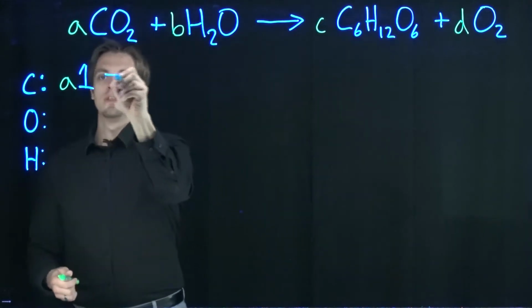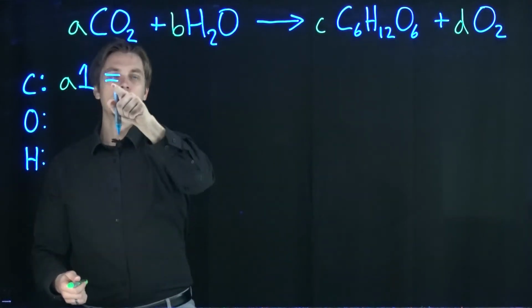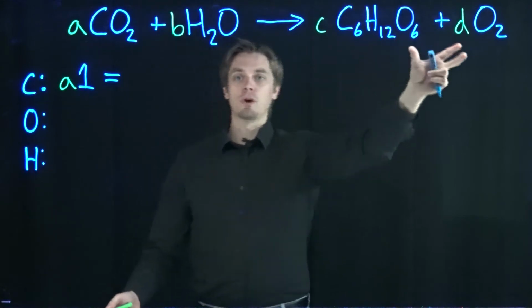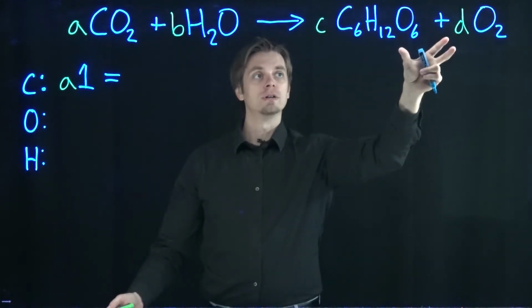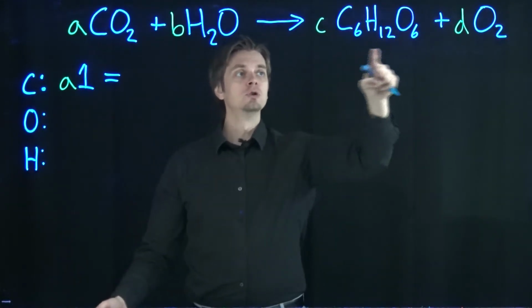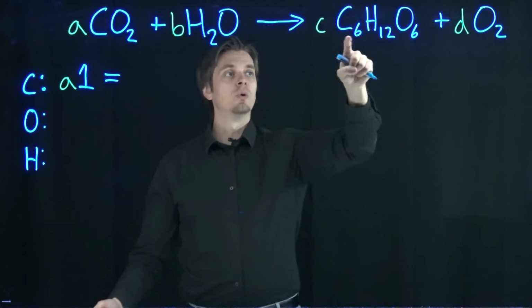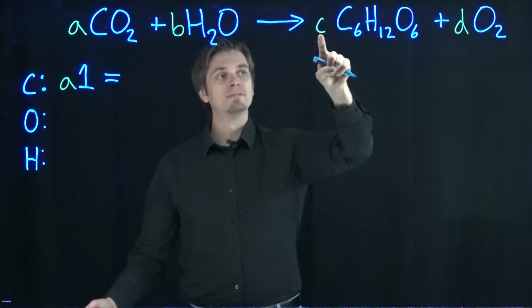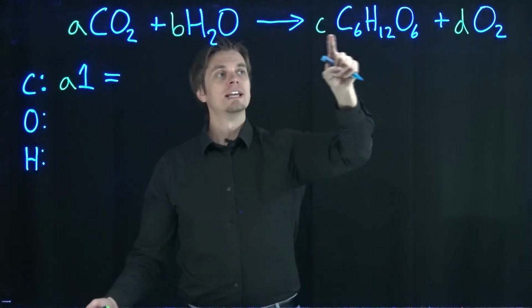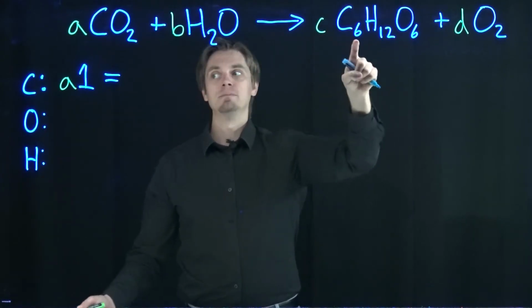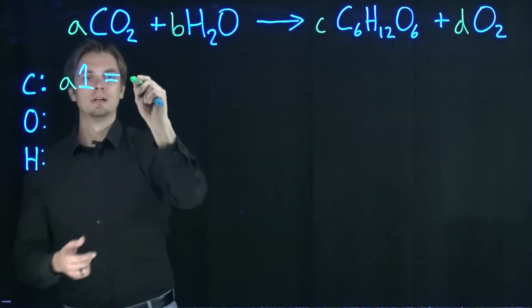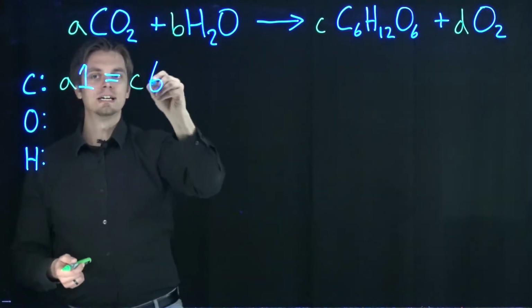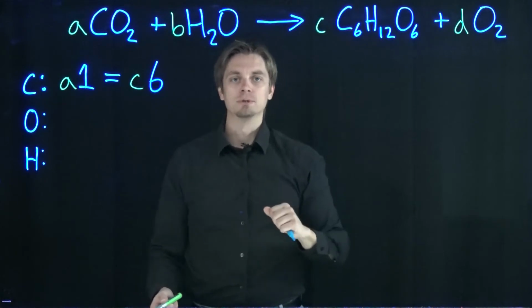So we know that A times 1 must be equal to the number of carbon atoms on the right-hand side of the equation. On the right-hand side, we have this glucose molecule, right? So each glucose molecule has 6 carbon atoms. So if I have C glucose molecules, then I'm going to have C times 6, or C6 carbon atoms on the right.